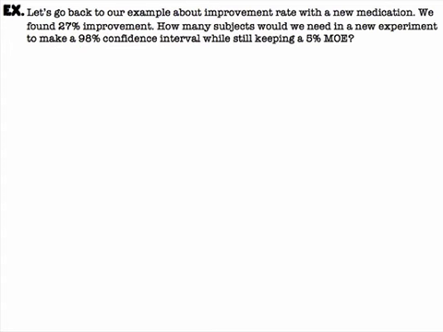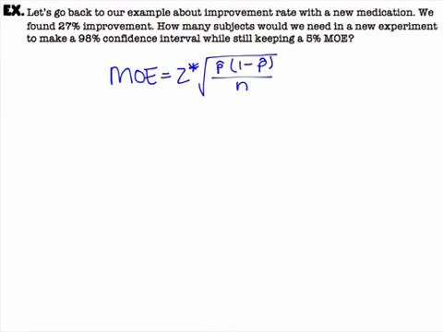So let's go back to our example about improvement rates on new medication. We found that 27% improvement. How many subjects will we need in a new experiment to make a 98% confidence interval while still keeping a 5% margin of error? Well, margin of error is equal to z star times the standard error.